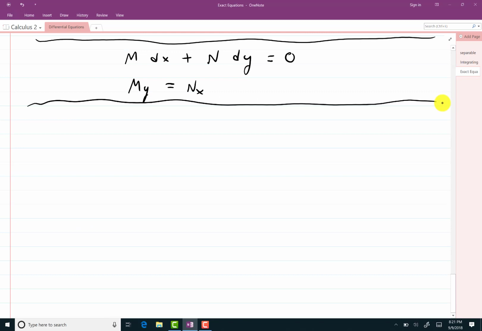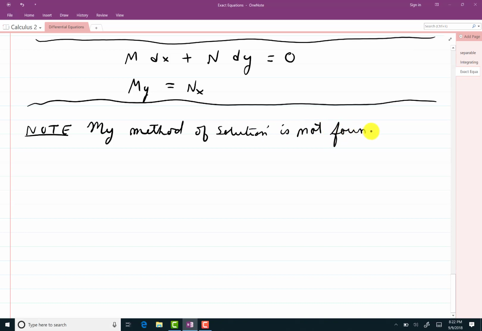These are equations that I've done before. If this is true, you know that you can find a solution. Now I want you to note that, as far as I know, my method of solution is not found in any textbook.